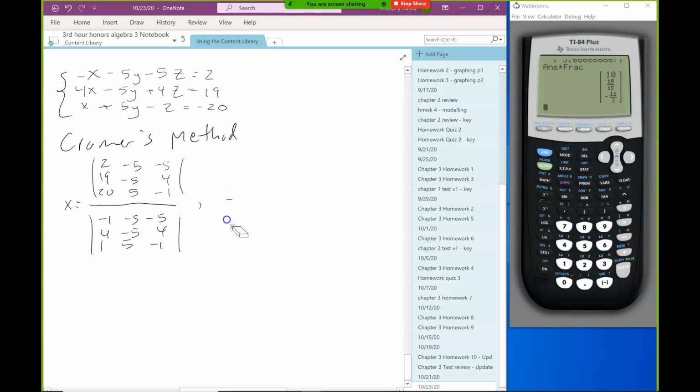Well, actually, I'm going to write something next to this. So let's do that. Again, the numerator here for the y's is going to be exactly the same as the denominator, but instead of the y column, we're going to write the solutions.